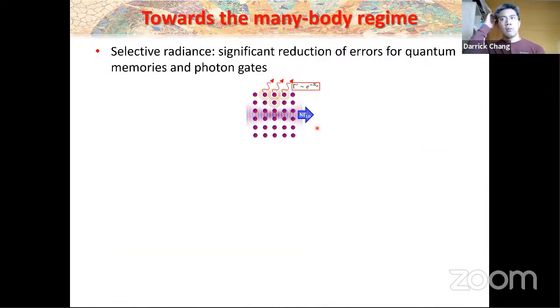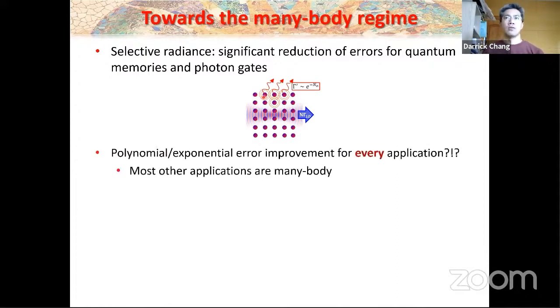Okay, so just to recap a little bit what I've discussed so far. I've tried to illustrate how by exploiting wave interference and array geometries, you can get significant reduction of errors for certain applications like quantum memories and photon-photon gates.